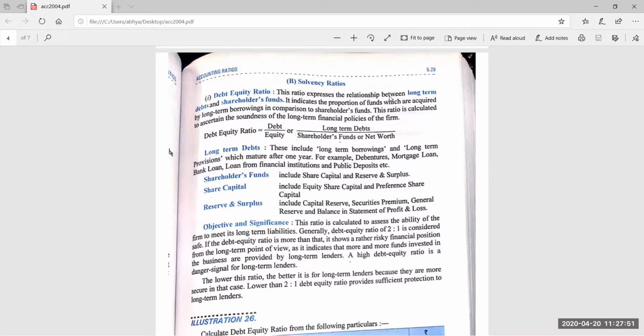Anyone can tell me the third one? Which was the third one? Try to recall. I told you that this is a non-evaluative topic. Yes, very good, Anmol.